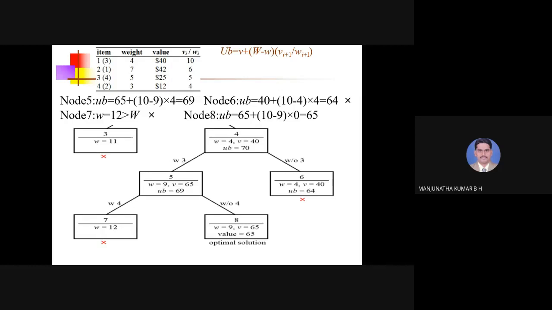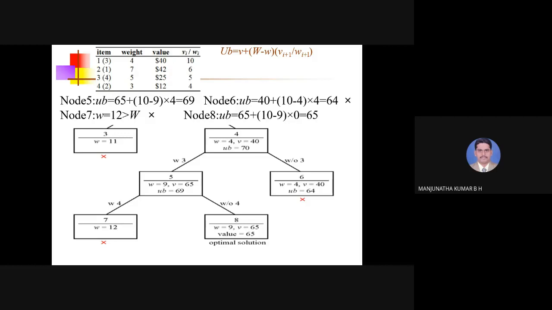The upper bound value for the eighth node is 65 plus 10 minus 9. 10 is the maximum capacity, and the total weight placed in the knapsack is 9. 10 minus 9 into the next item. Since I am already doing this calculation for the fourth item, all the items are covered, no more items are left, hence the profit weight ratio is equal to 0.